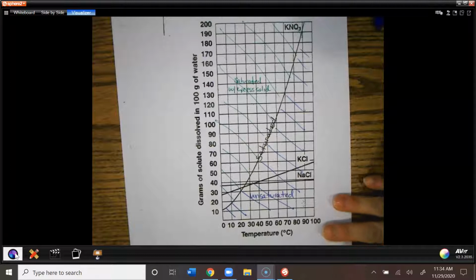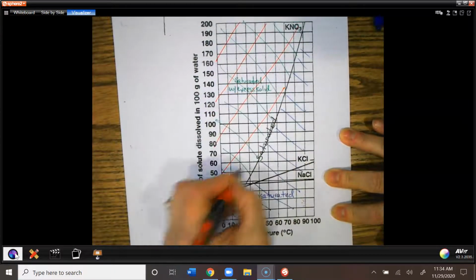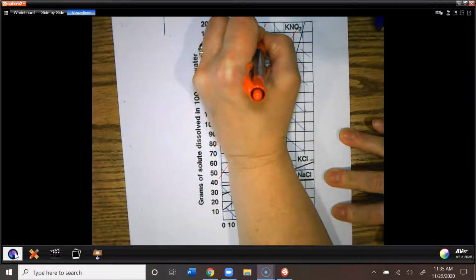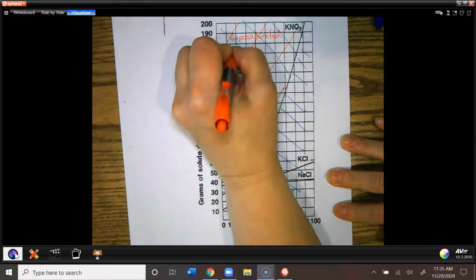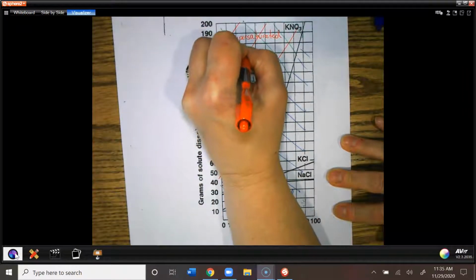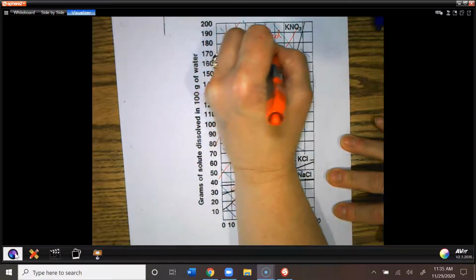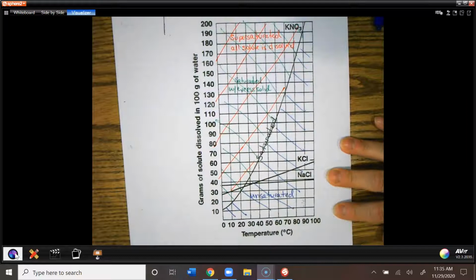On the rare occasion, you can create what is called a super saturated solution. If you have a super saturated solution, it means that magically all the solute is dissolved, even though you shouldn't be able to dissolve that much stuff, it does.